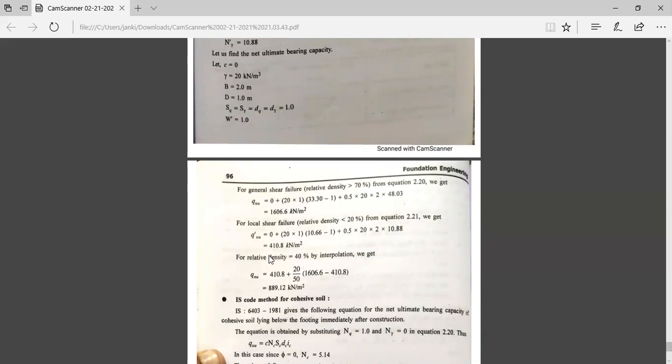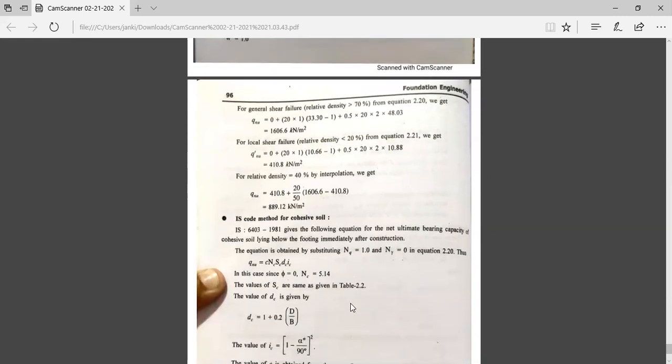For general shear failure, we use equation 2.20, and for local shear failure we use equation 2.21, and put these values in the equations. Our final answer, qnu, is equal to 889.12 kN per meter square.